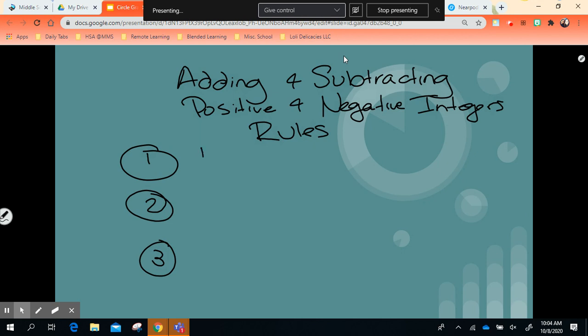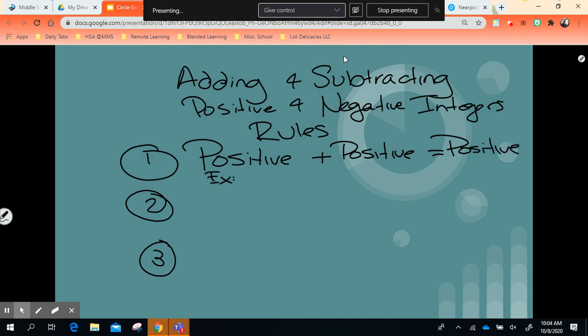Okay, so what happens when I add a positive integer and a positive integer? So 1 plus 2. I know I get 3. And what kind of number do you get, positive or negative? Positive. We can even write that example.